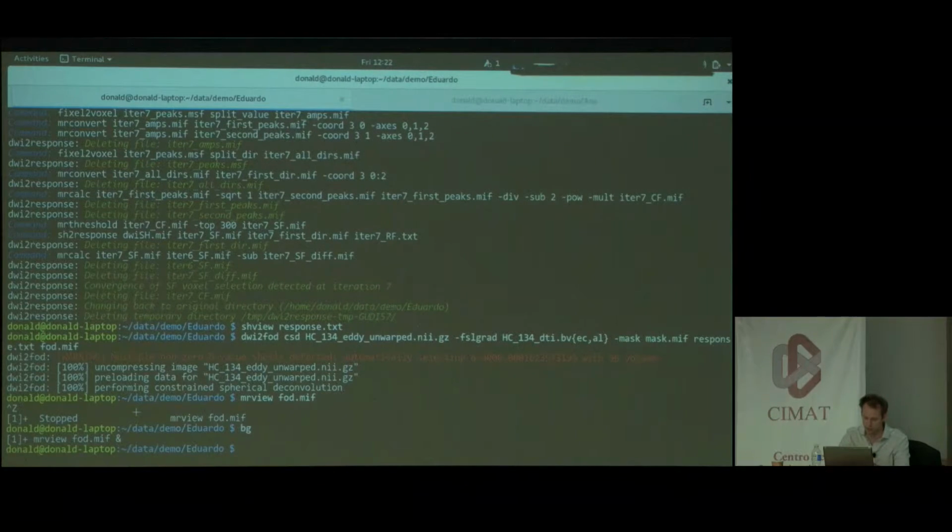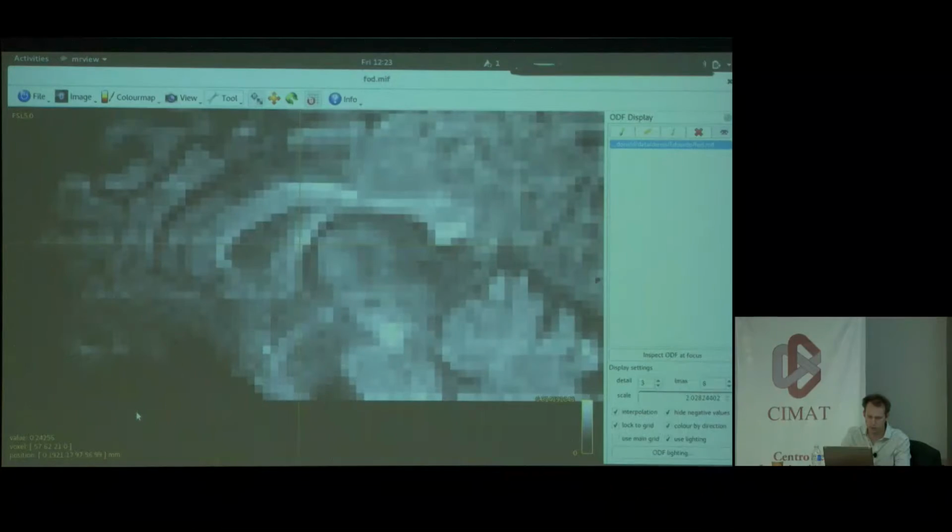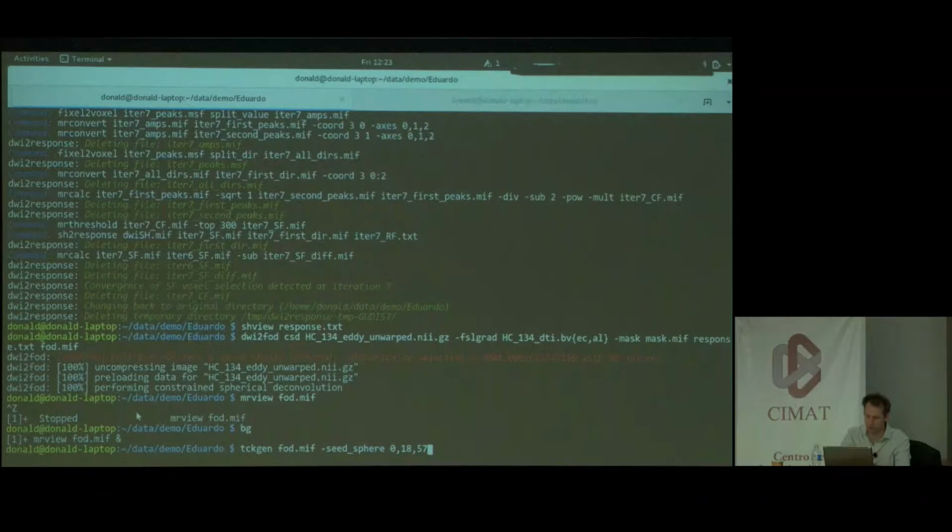Let's put that in the background. tckgen on the FOD, -seed_sphere 0, 18, 57. I'm going to have a 2 millimeter sphere, and I'm going to tell it to start tracking in the inferior superior direction roughly, and then we're going to call it fornix.tck and see what happens.